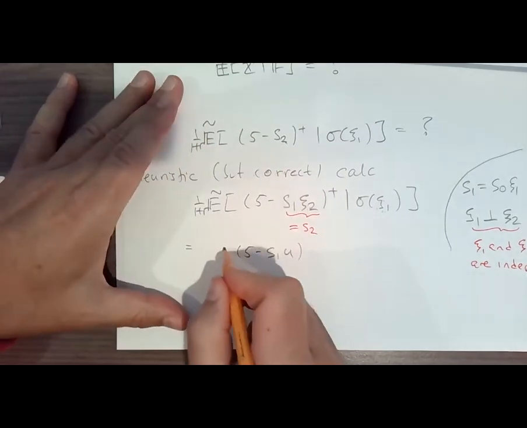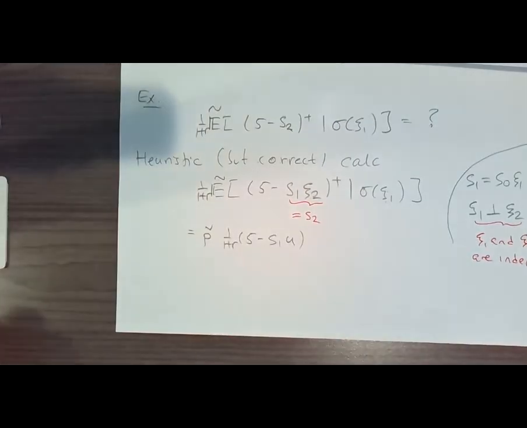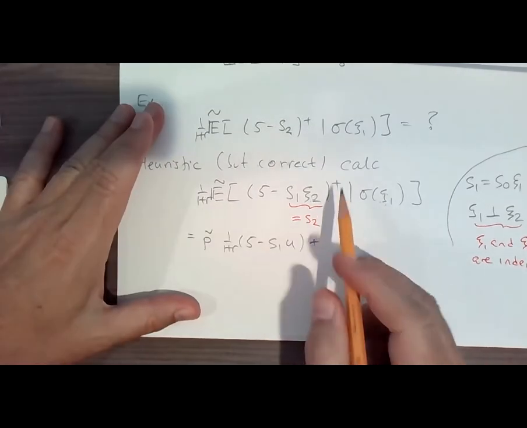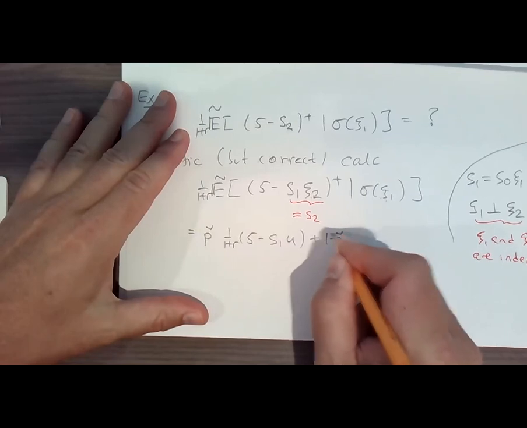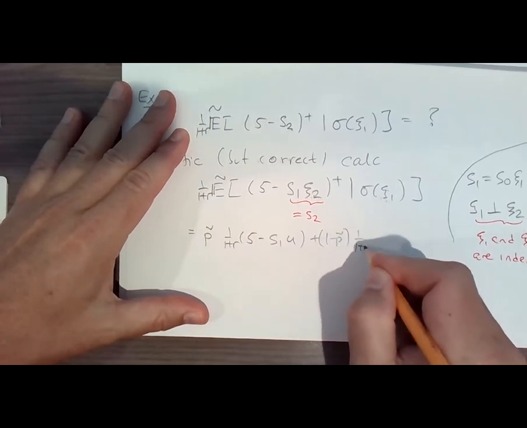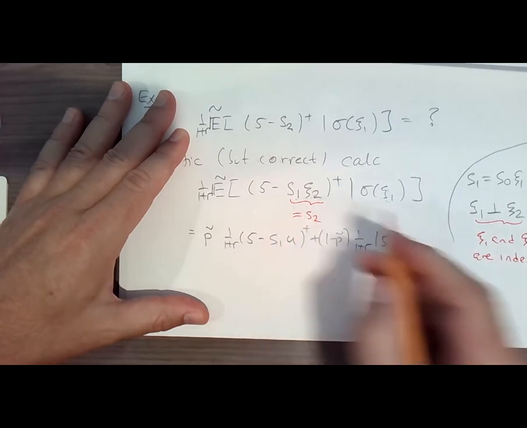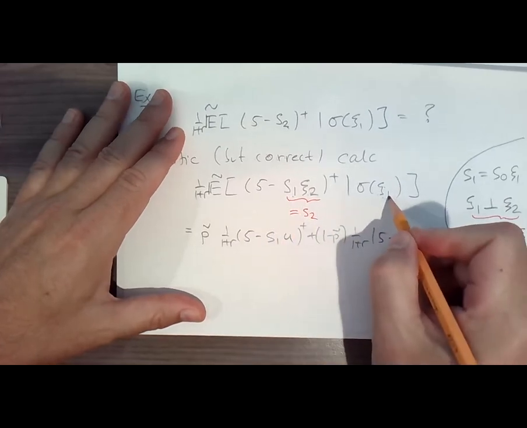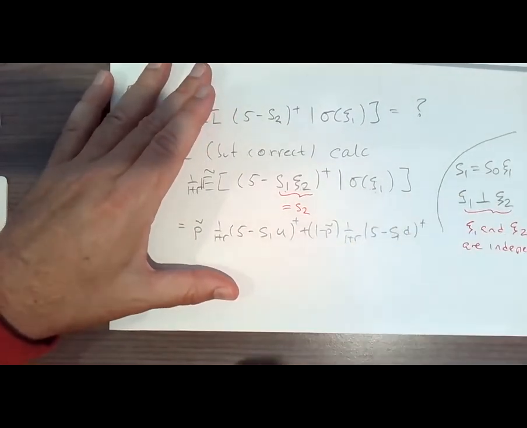You always need to discount by 1 over 1 plus R, and then a p tilde. And again, there's also a chance that it can be D, so we need to add that on. So this is 1 over 1 plus R, 5 minus S1, and S1 is known because you're conditioning on knowing the first coin flip, and then you get a D here, positive part.